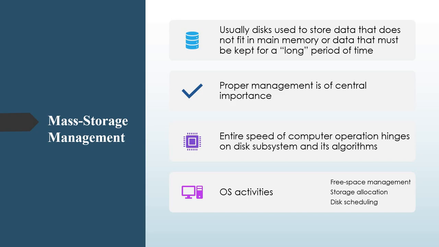So proper management of the disk is a central, important thing. The entire speed of the computer mainly relies on the disk and its algorithms. The activities are free space management, storage allocation, and disk scheduling. Based on these things, the speed of the entire computer system is determined.